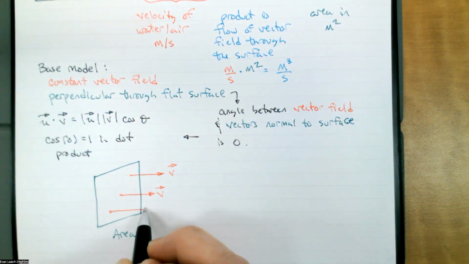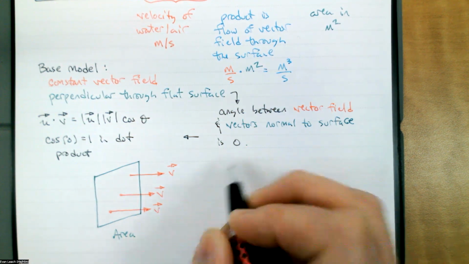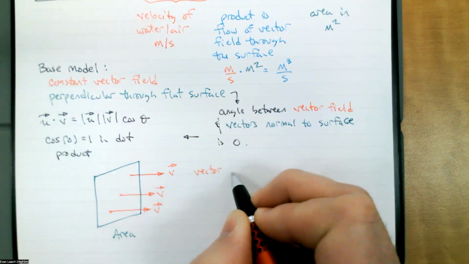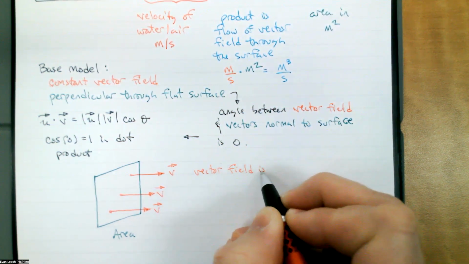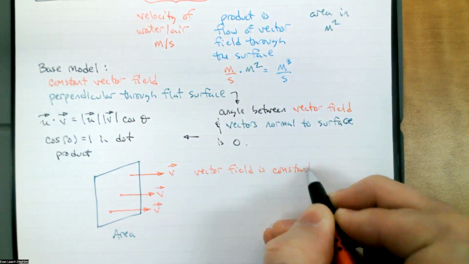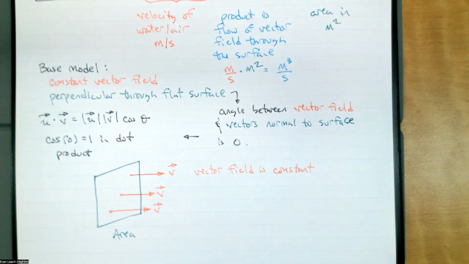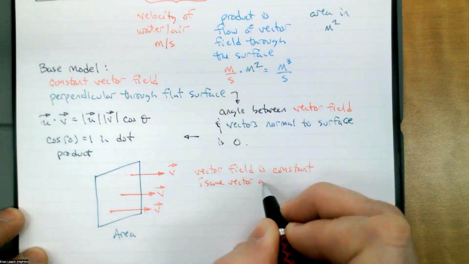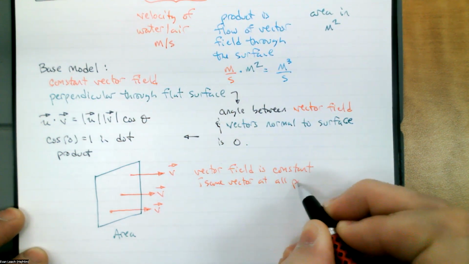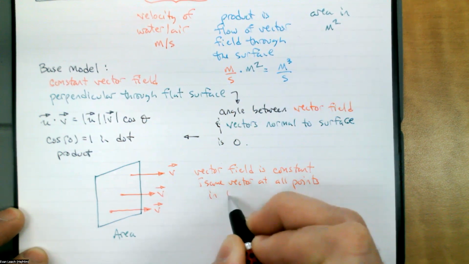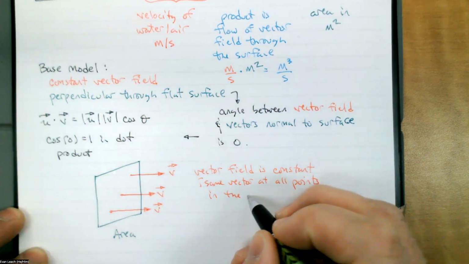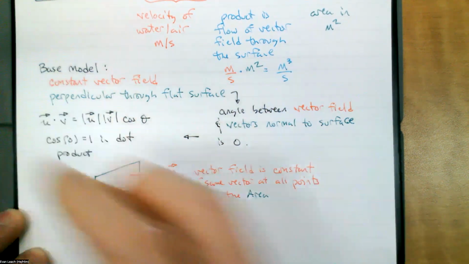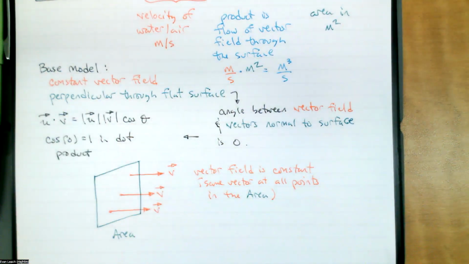When our vector field is constant, that is the same vector at all points in the area, and it's flowing through perpendicular to this flat surface.